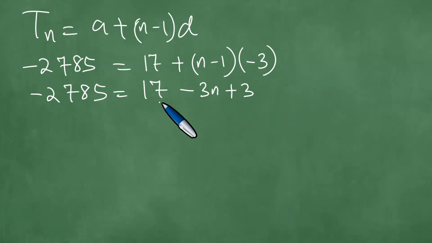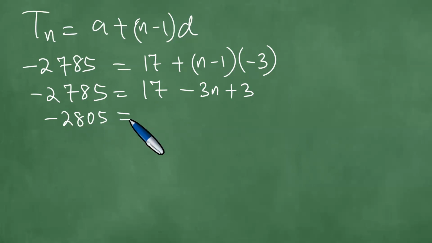What is 17 plus 3? 20. Now you bring 20 across. What is minus 2785 minus 20? It's negative 2805.